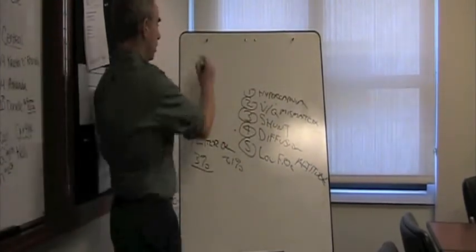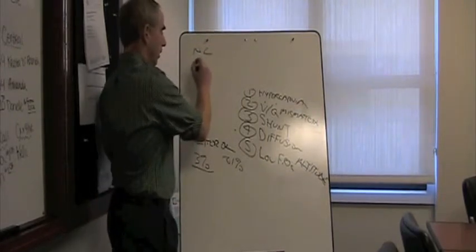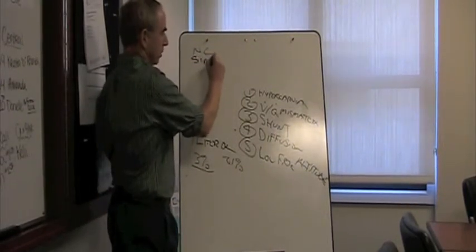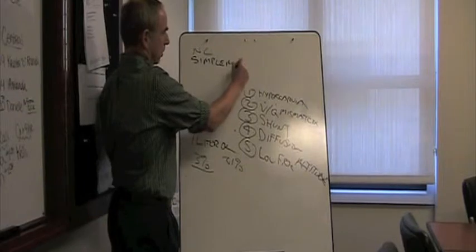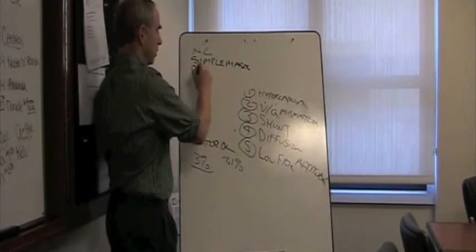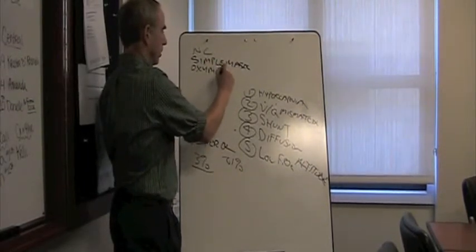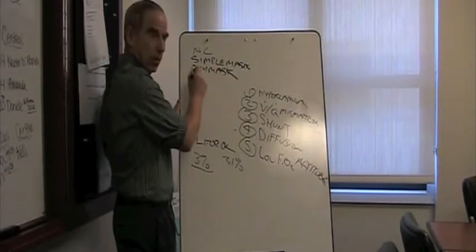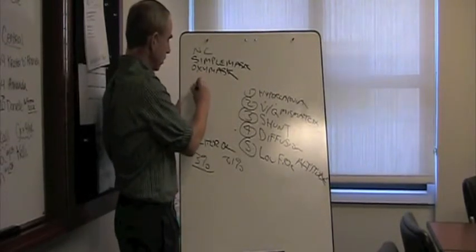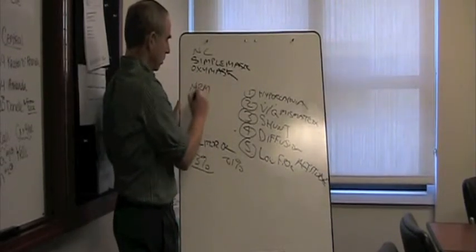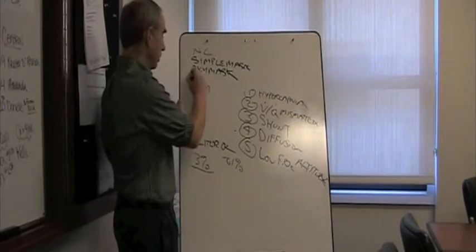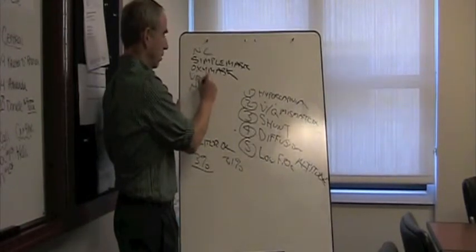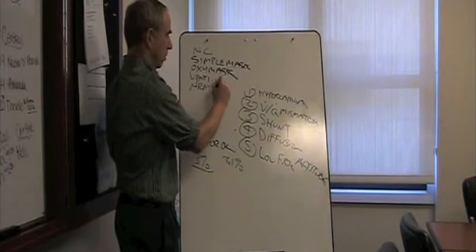You have the nasal cannula, a simple mask, and you said oxy mask, which is a newer type of mask. What else? Non-rebreather, Venturi mask, Vapotherm.